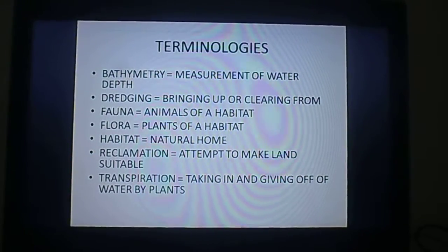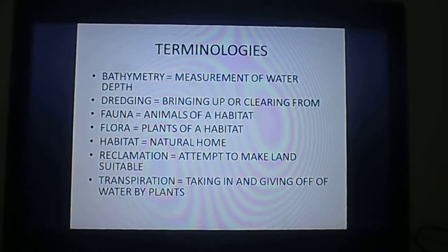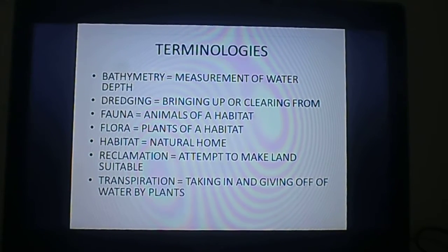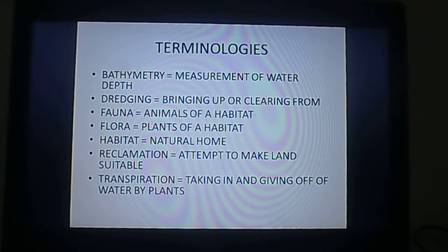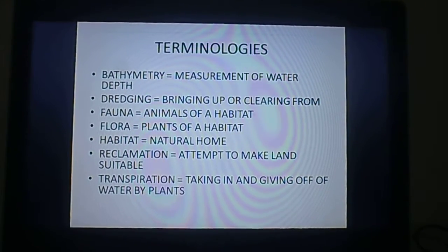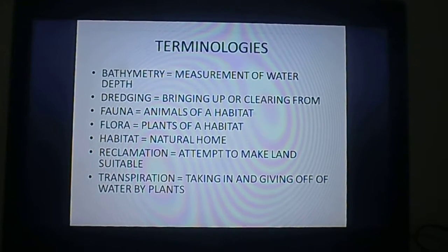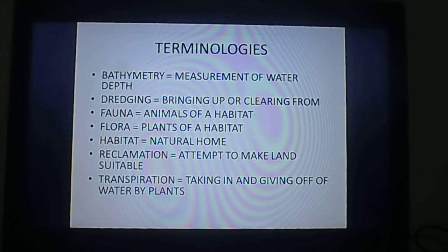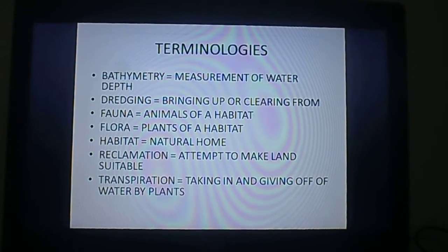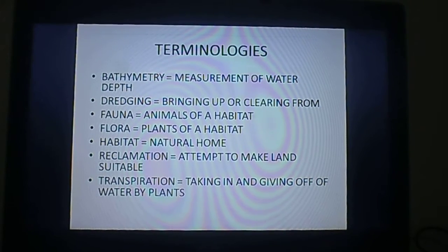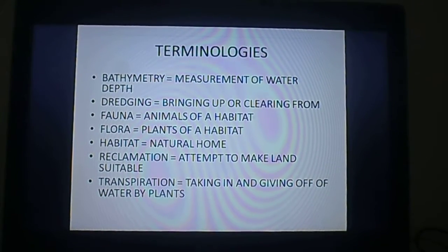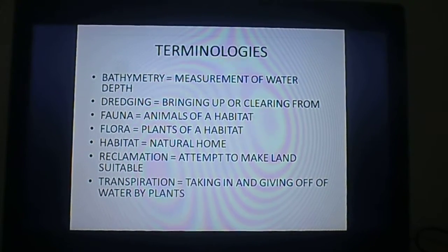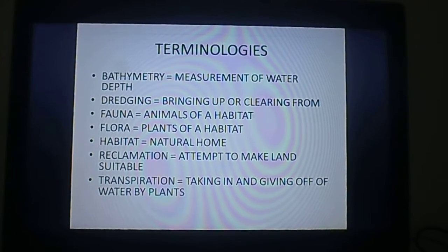The terminologies used in this lesson include bathymetry, meaning measurement of water depth; dredging, meaning bringing up or clearing from; fauna, meaning animals of a habitat; flora, plants of a habitat; habitat, meaning natural home; reclamation, meaning attempt to make land suitable; and transpiration, meaning taking in and giving off of water by plants.